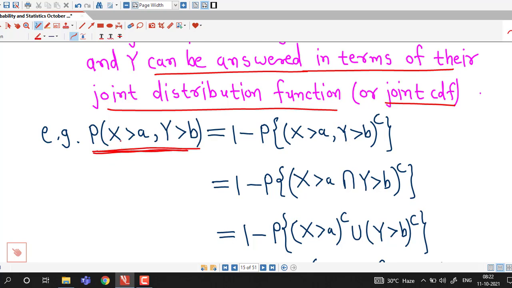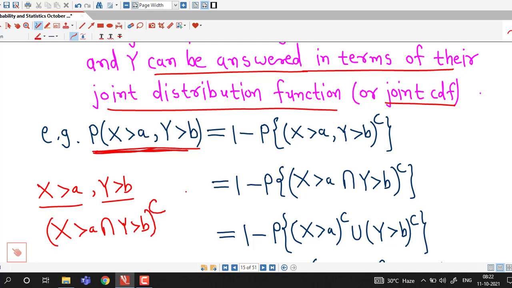So we know that if we consider this event, X is greater than a and Y is greater than b, then this is the intersection of two events. So the probability of this event will be equal to 1 minus the probability of the complement of this event. So I have written 1 minus the probability of the complement of X greater than a and Y greater than b.